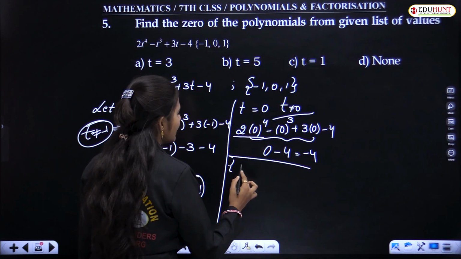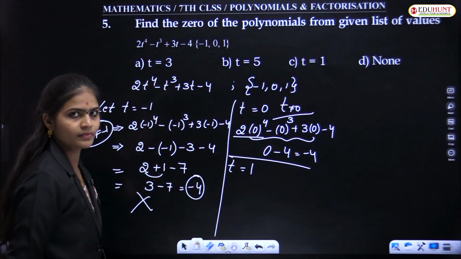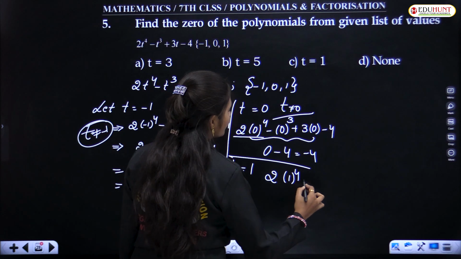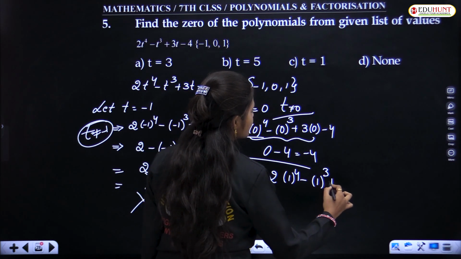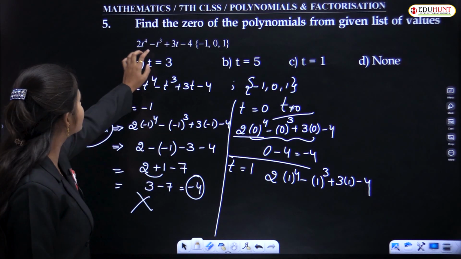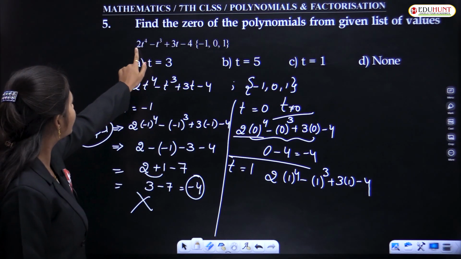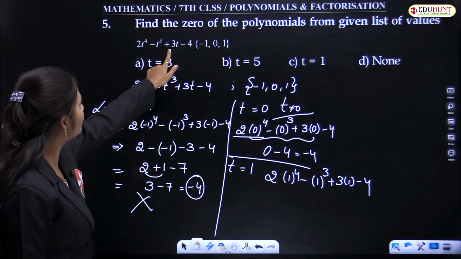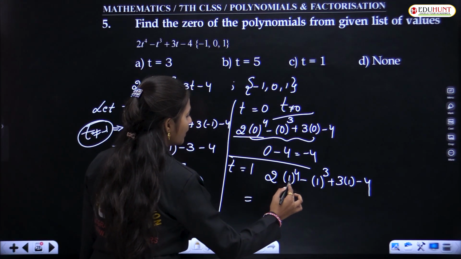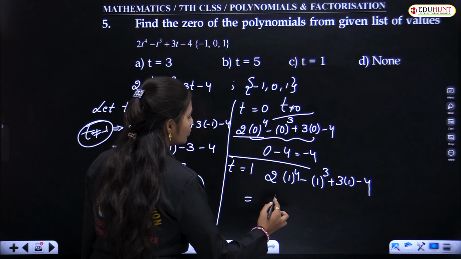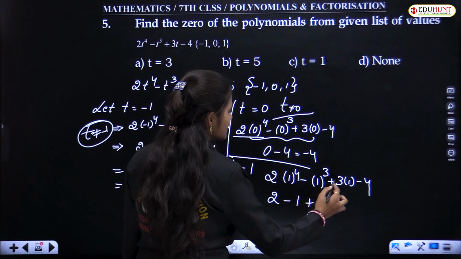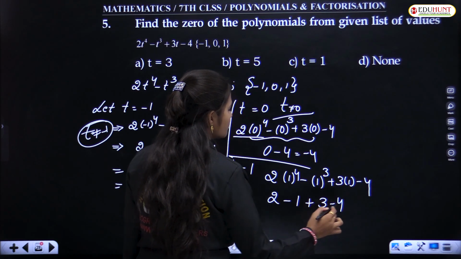Next condition is if t equals 1. Then here, 2 into 1 power 4 minus 1 cube plus 3 into 1 minus 4. I just substituted t equals 1. So 1 power 4 is 1, so 1 into 2 is 2. Minus 1 cube is 1, so minus 1, plus 3 into 1 is 3, minus 4.